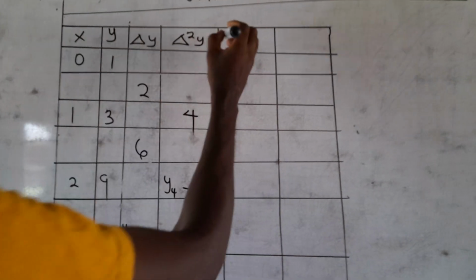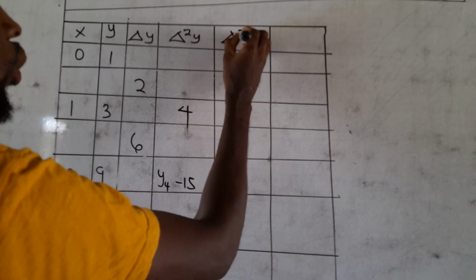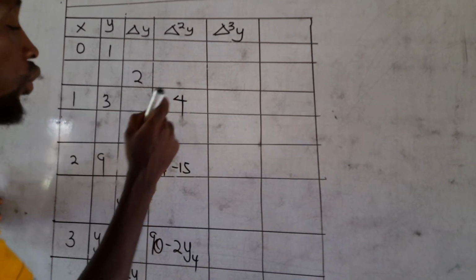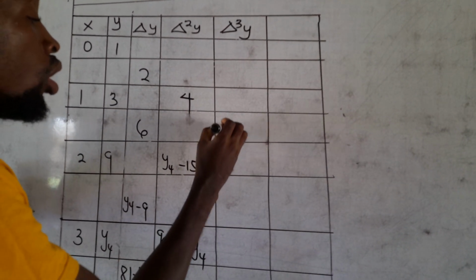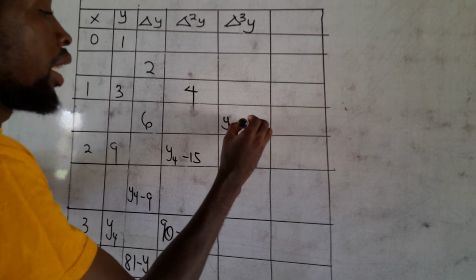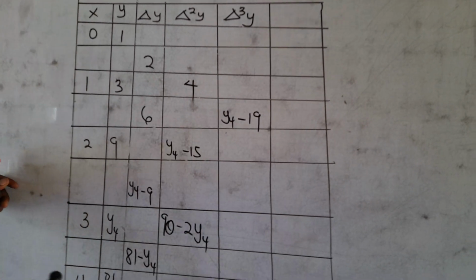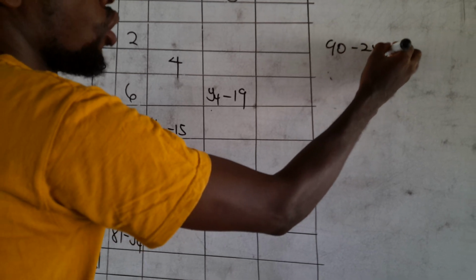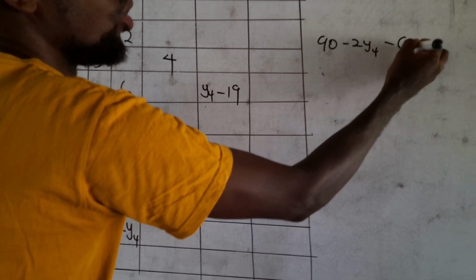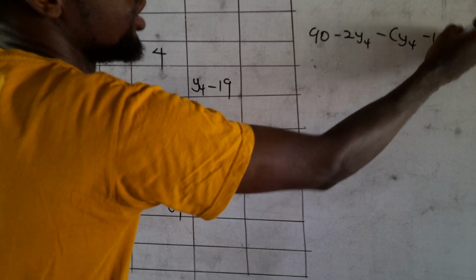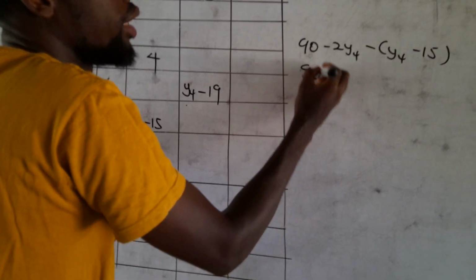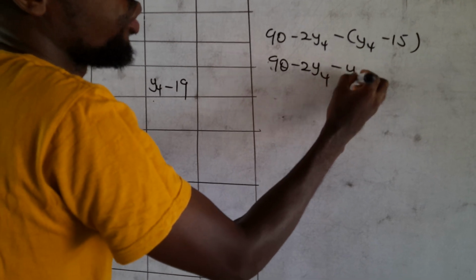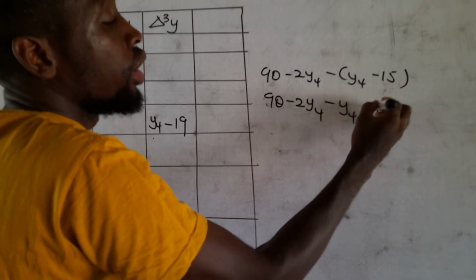So we found our third difference, that's del cube y. y4 minus 15 minus 4, that will be y4 minus 19. Then 90 minus 2y4, then minus y4 minus 15. So what are we getting? We get 90 minus 2y4 minus y4, then plus 15.